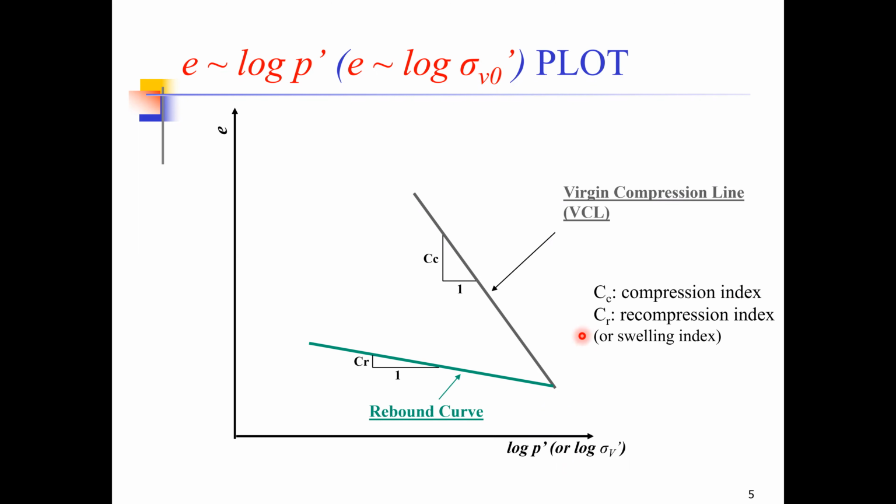Now, this is the second definition that you should know, as we already discussed what the compression index is. The slope of the unloading curve or the rebound curve is known as the recompression index. So why is it called the recompression index? Because this line does not appear over here only.